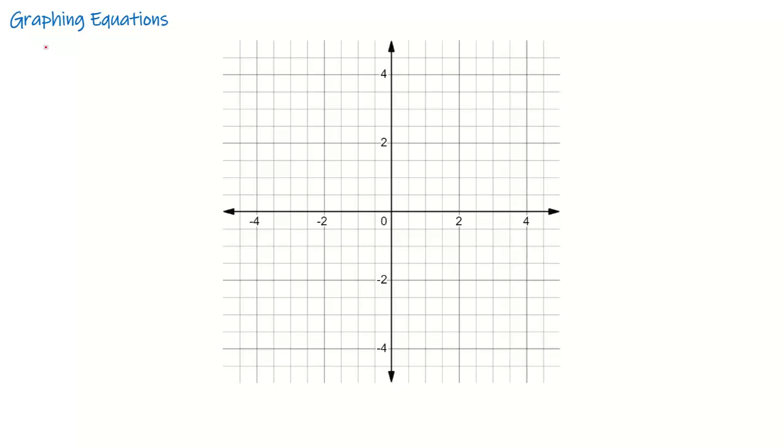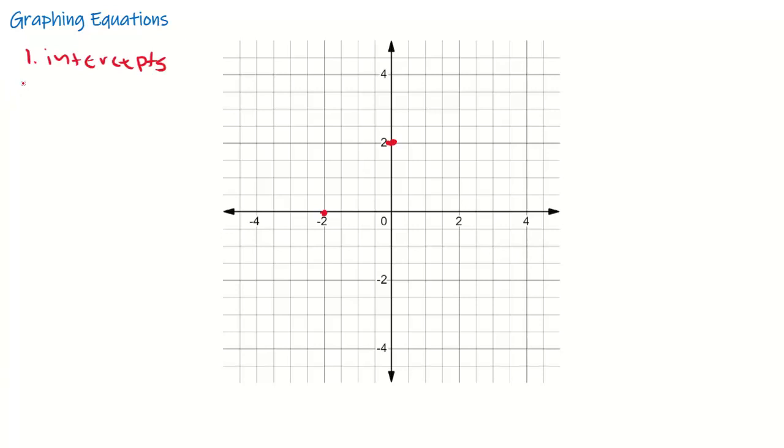Well, one thing that we can do is find the intercepts. What we mean by that is, if we have an x-intercept right here, or a y-intercept right there, then we can use those.